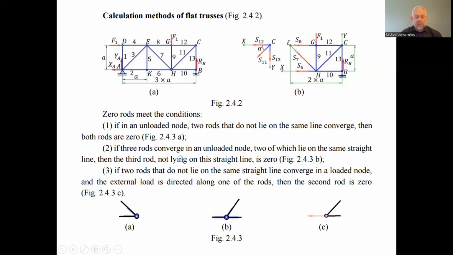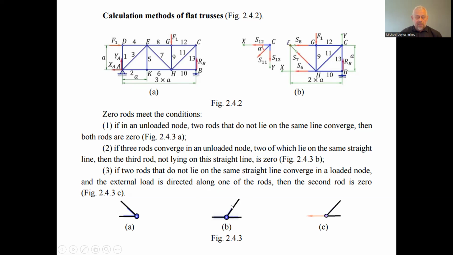If three rods converge in an unloaded node, two of which lie on the same straight line, then the third rod, not lying on the straight line, is zero. As a sample on draft 2.4.3b, we have the connection of three rods in the hinge here, and this third rod is not on the same straight line as the previous two. So this third rod is zero.